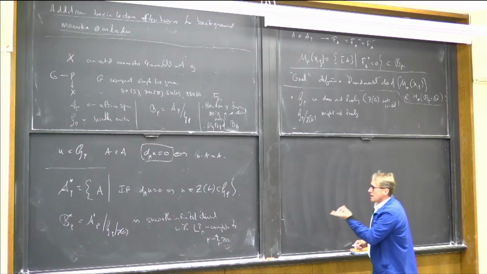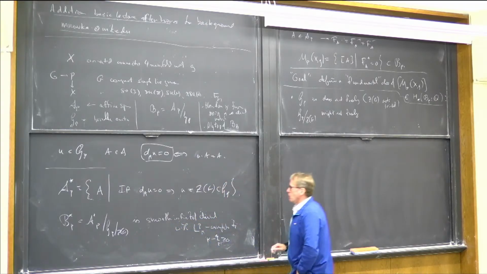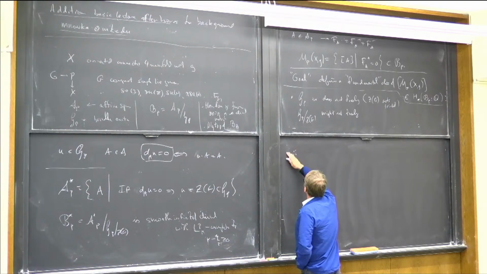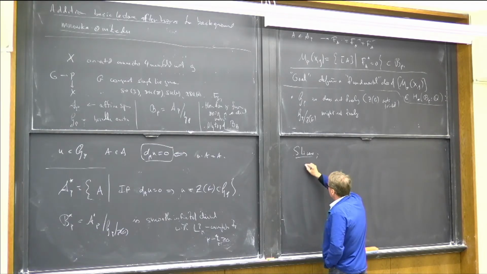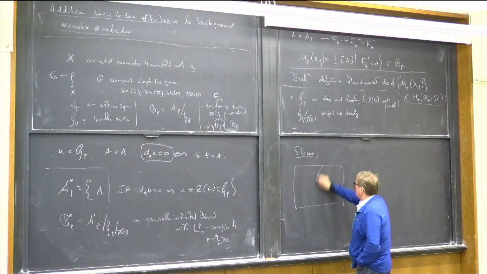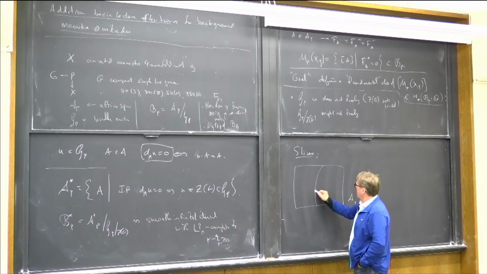So the basic step in the proof that this is a smooth manifold is the slice theorem. Again, this is the space of connections. We've got this gauge group acting on it. Now, here's a connection.